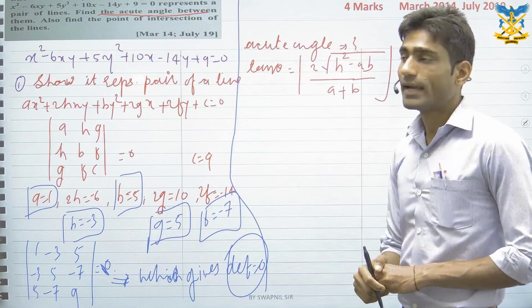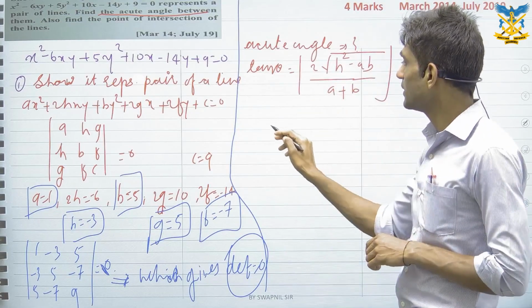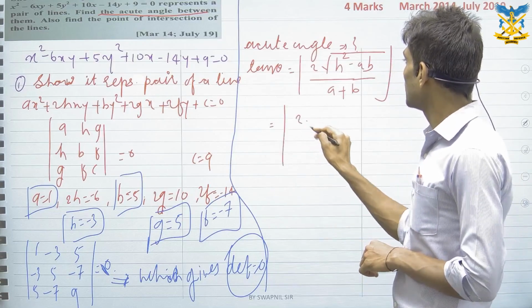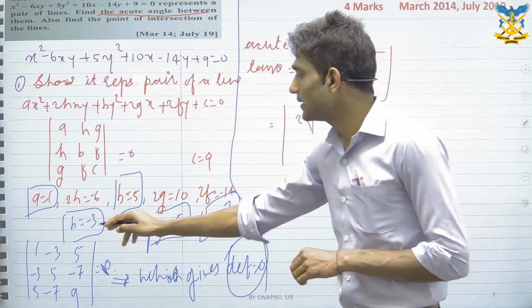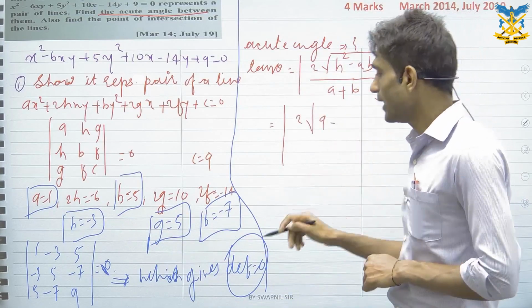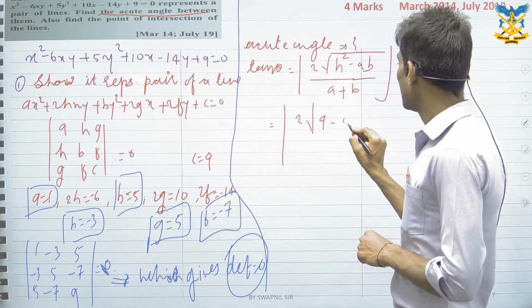Now put the values for h, a, b in our example and you will get the required answer. So 2 times h square, h square means minus 3 squared which gives 9, minus a multiplied by b, 1 multiplied by 5, which is 5.